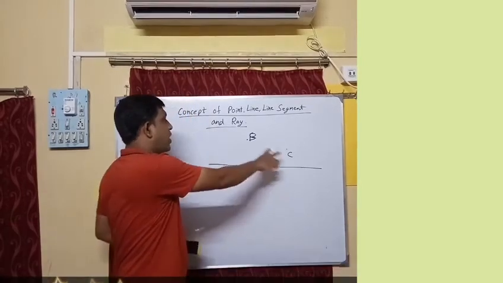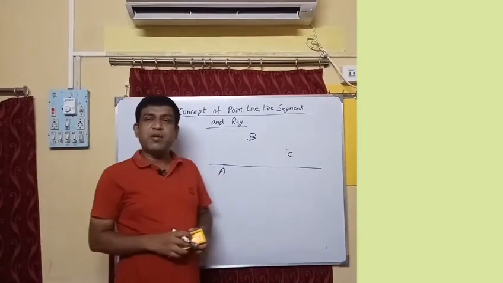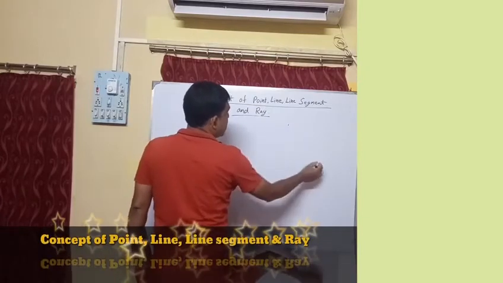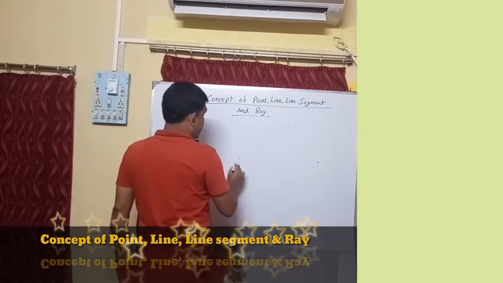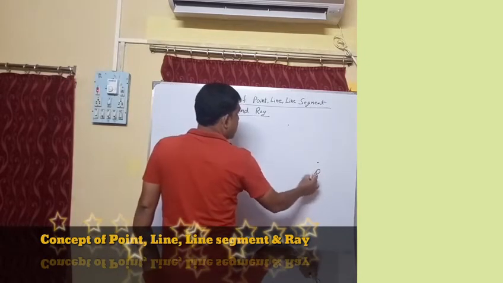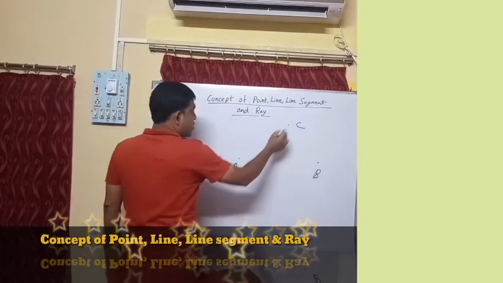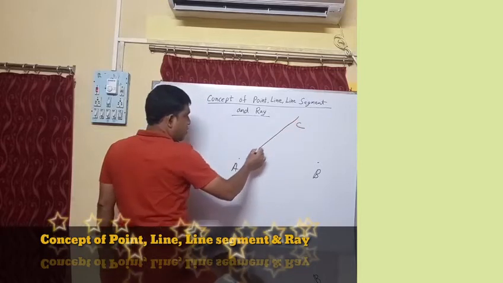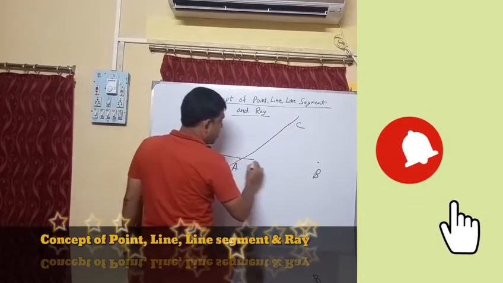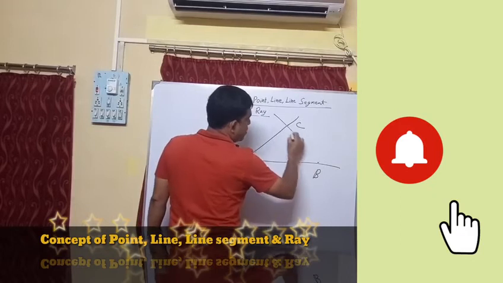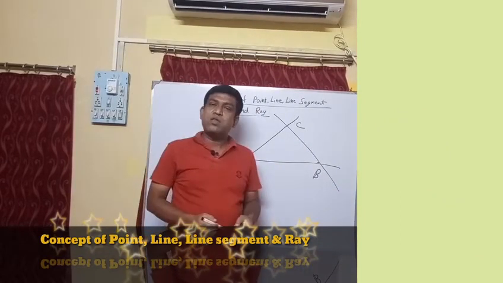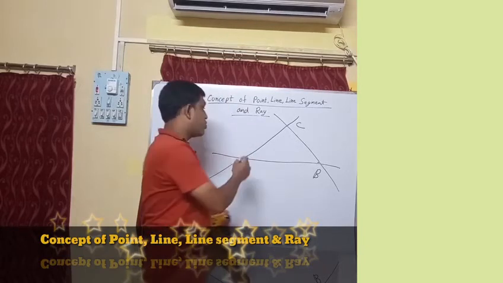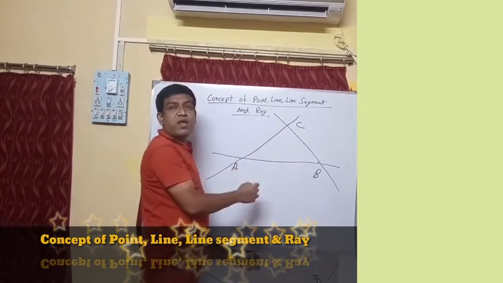They do not lie on the same line. You can see here one line, two lines and three lines. That means we can draw three straight lines through three non-collinear points.